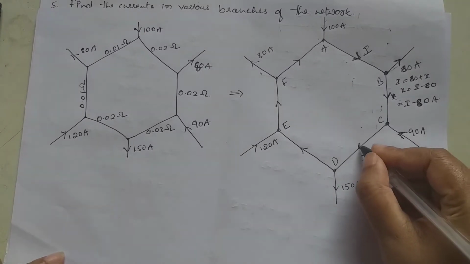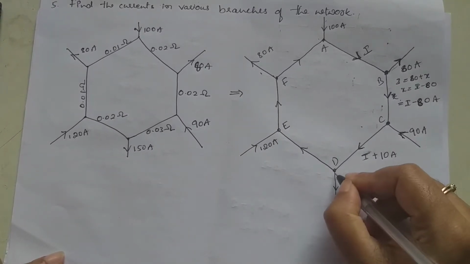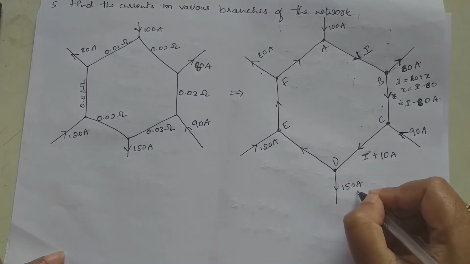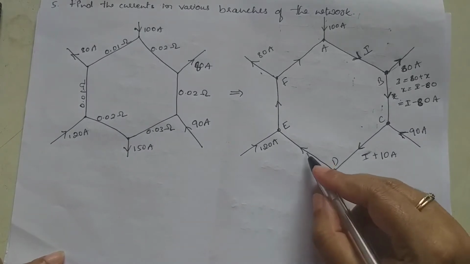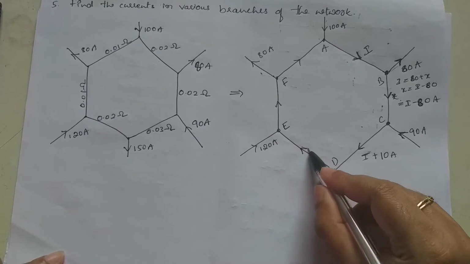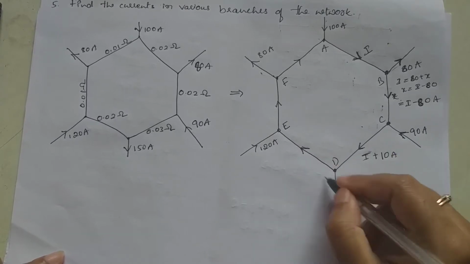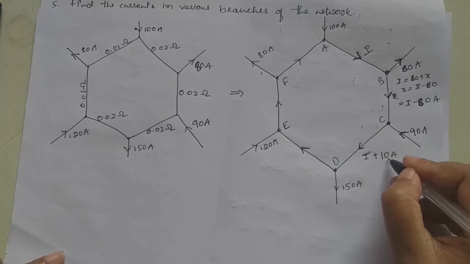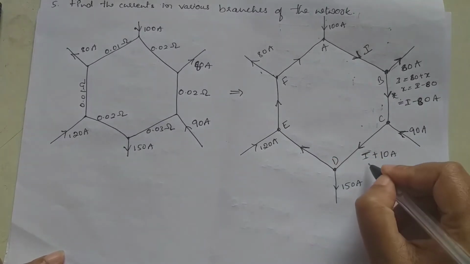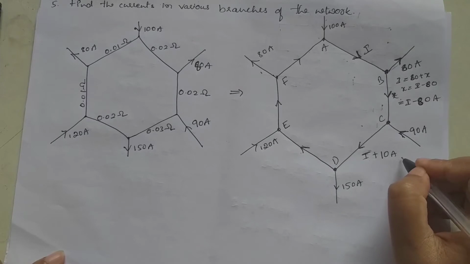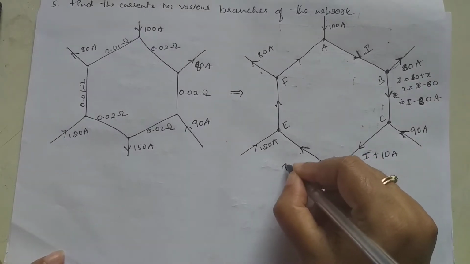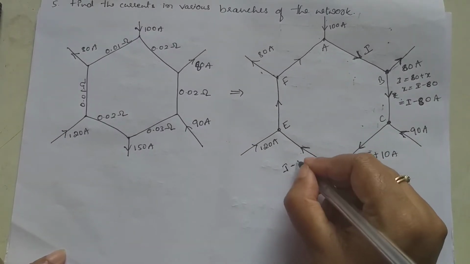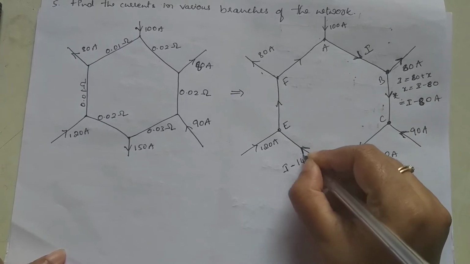Next, this I plus 10 ampere is incoming to node D, 150 is outgoing, and this current is outgoing. So this current is equal to I plus 10 minus 150, which is I minus 140, right?